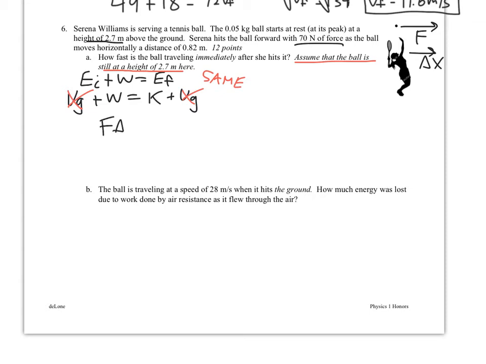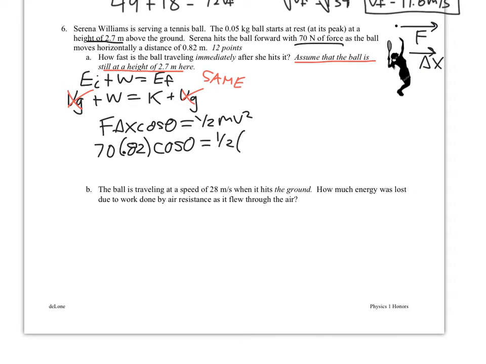So we're going to find our work done using F delta x cosine theta, and that work that we do on the ball is going to become the kinetic energy of the ball. So our force is 70, we're hitting it over a distance of 0.82 meters, and our angle here is going to be 0 because whatever direction we hit it, that's the direction it's going to move.